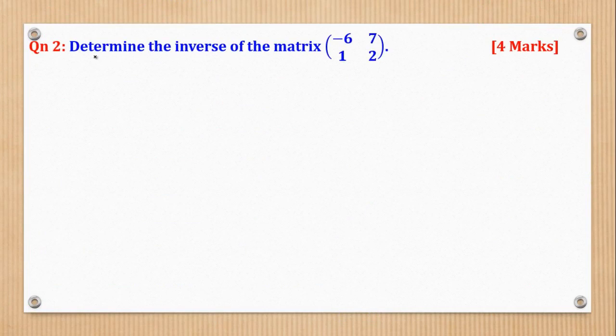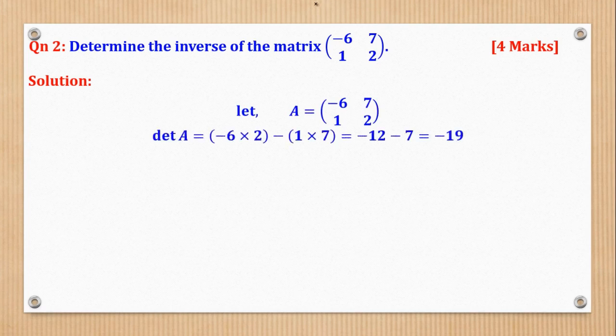Then question 2 says, determine the inverse of this matrix. To get the inverse, the first thing to do is to get the determinant. Determinant is the product of entries in the major diagonal, which is negative 6 times 2, minus the product of entries in the minor diagonal, which is 7 times 1.